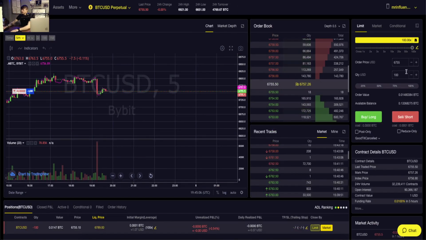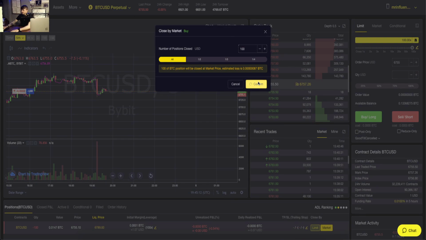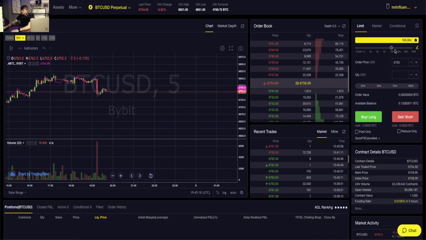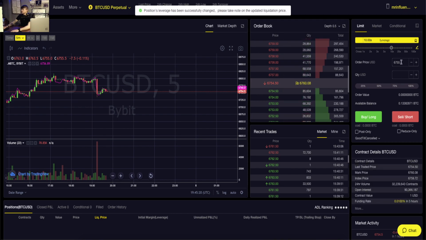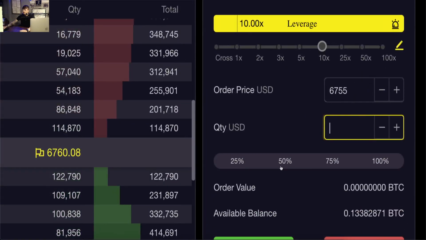Now, obviously, if you're a day trader, you're not going to be doing stuff like this. So let's just close that position right there, confirm, and boom. So let's do something smarter. So now we're going to do 10x leverage, and let me zoom in.